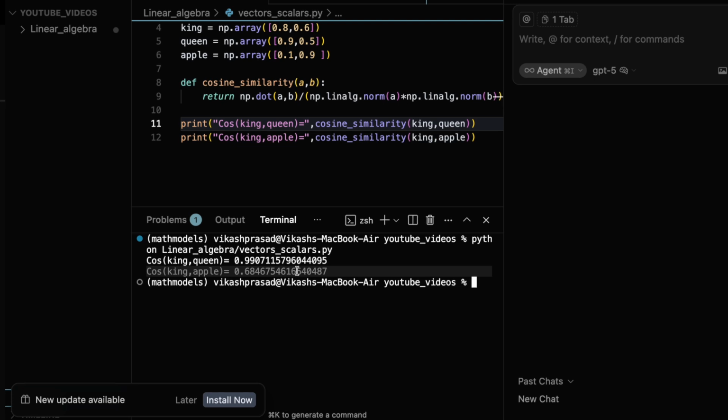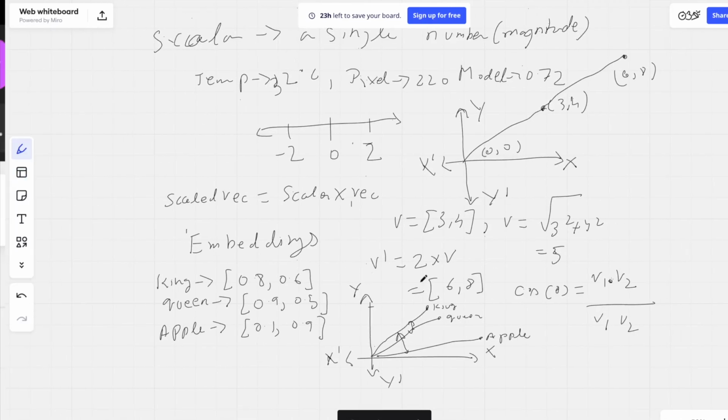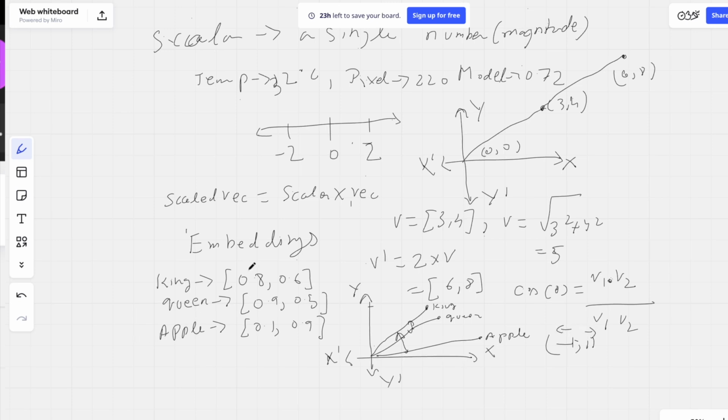That's the power of vectors in AI: numbers capture meaning. By the way, I forgot to mention one more thing: the range of cos theta lies between -1 and 1, basically meaning towards -1 it's dissimilar, and towards 1 it's much more similar.